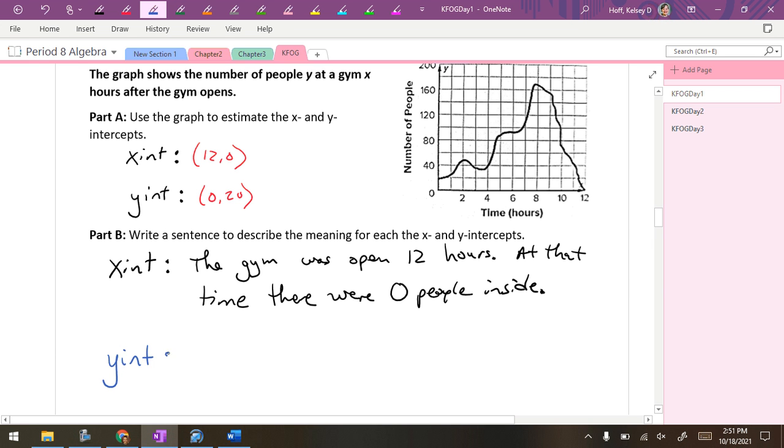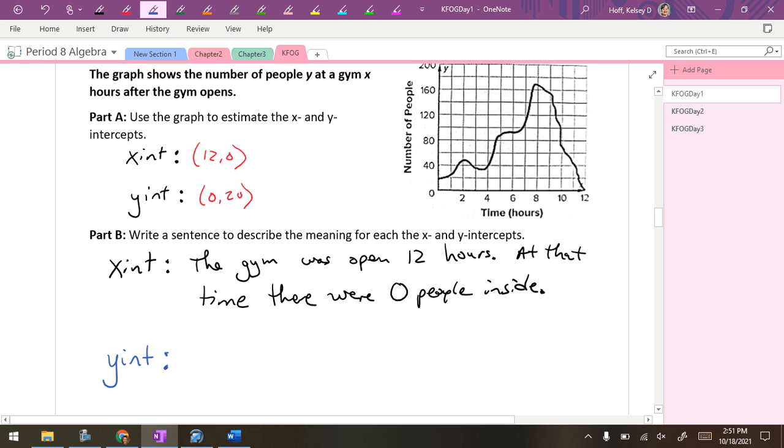Okay, I'm going to give you a second to think on the y-intercept. Your y-intercept is 0, 20, reminding you that x is time in hours and y is your number of people. What you got for me? 20 people are there when the gym opens. Very good. And you know it's the gym open because it says the hours after the gym opens. Well, it's 0 hours of it being open.